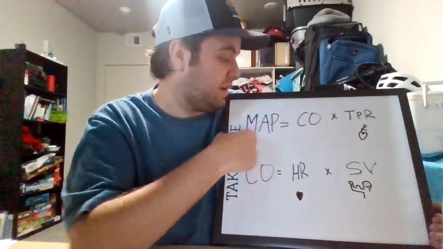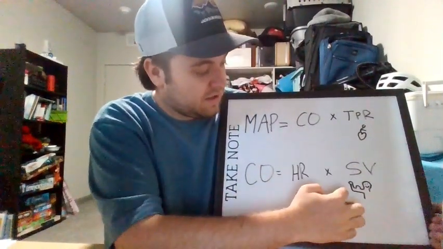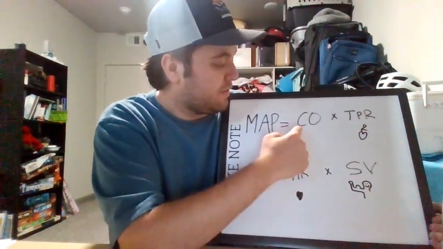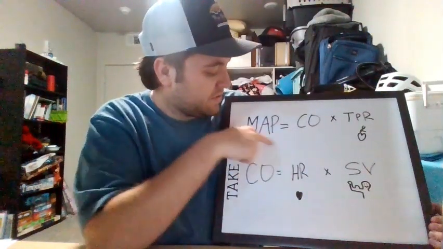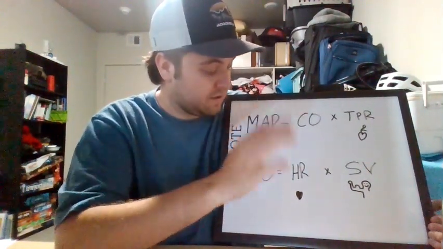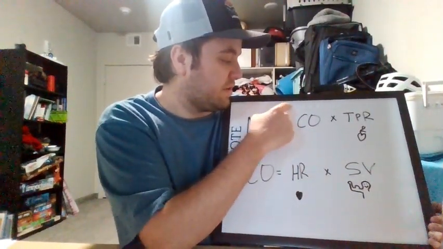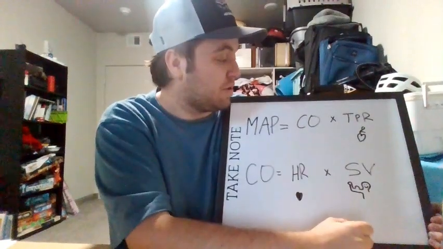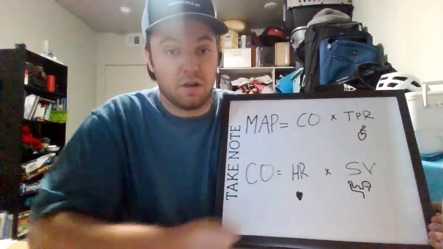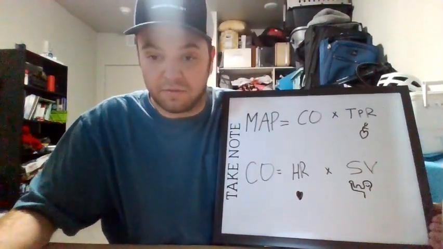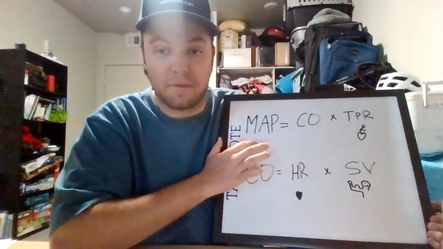Or if we have a decrease, right, so HR is low and SV is low, we have a decrease in CO and an increase in TPR, we're going to have the same MAP. But let's say we have an increase in heart rate and an increase in stroke volume, thus making an increase in cardiac output, and then we have an increase in total peripheral resistance, then we have an increase in MAP. So it all affects everything. Every variable affects the MAP.